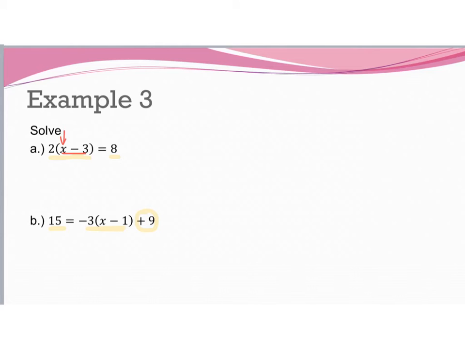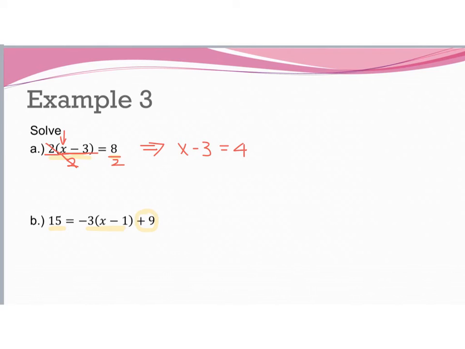So I really have 2 times the quantity of x minus 3. So to undo that multiplication, I'm going to divide both sides by 2, which means I can cancel that 2 out. I have to divide both sides by 2. And what this is going to give me is x minus 3 equals 4.